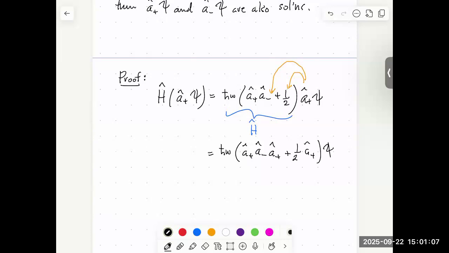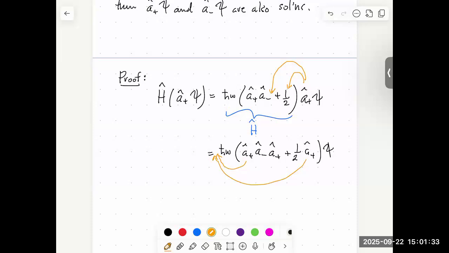So now I'm going to notice that I have A plus on the left here, and I also have an A plus here. So what I can do is take this A plus and put it over there, and this one I'm going to take over here.